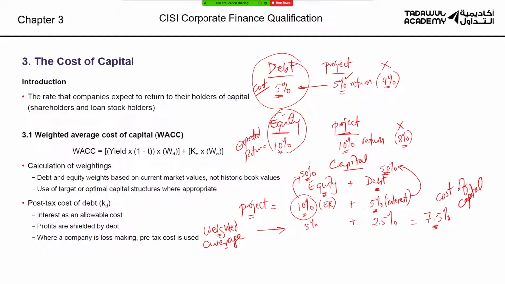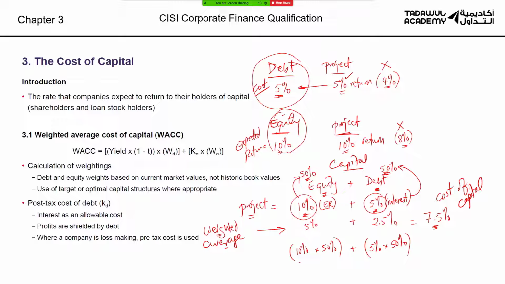So the way we write this is the cost of debt, in this case, was 5%, but we only took half of the 5%, so 50% of it. And we took the cost of equity. The cost of equity in this case was 10%, the expected return from our investors, but we also took only half of it because this project was financed by both equity and debt.